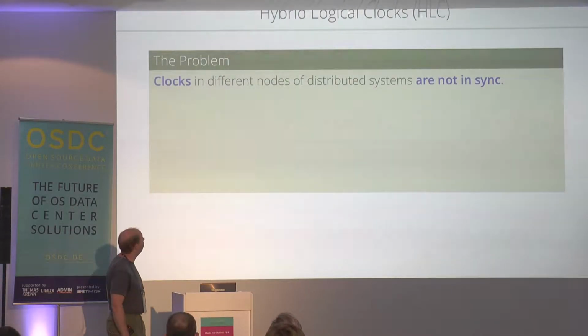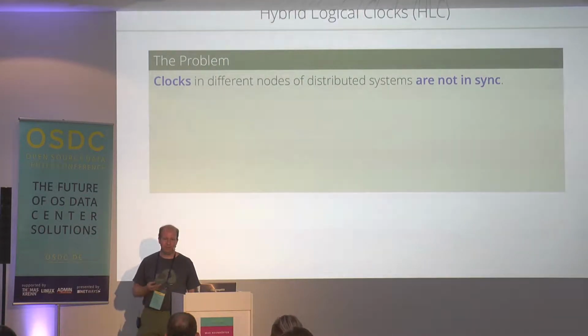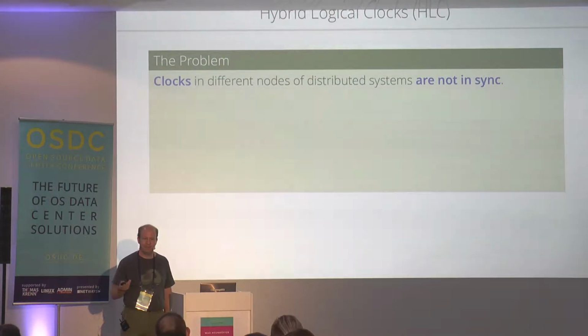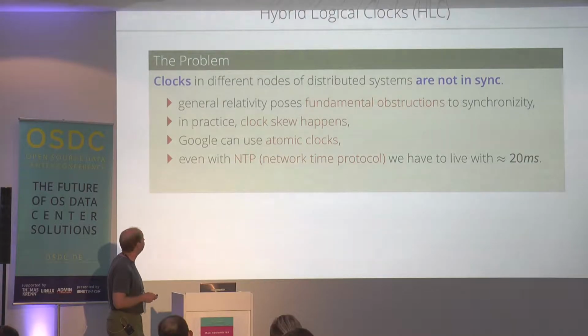And on to the next one. Again, a completely different topic, but it's also used in distributed systems. This is about clocks. You know that clocks are out of sync. Well, it's not a big deal if you know how to deal with that. But why is that?